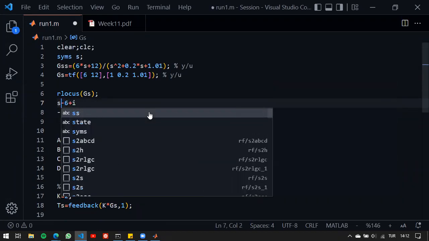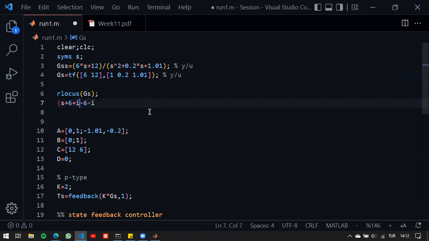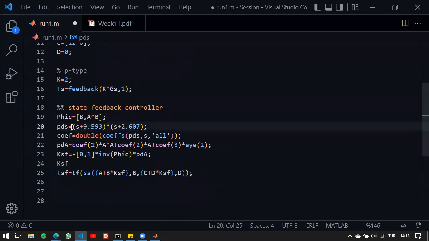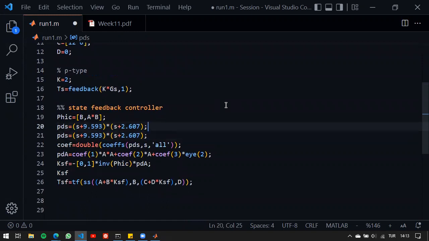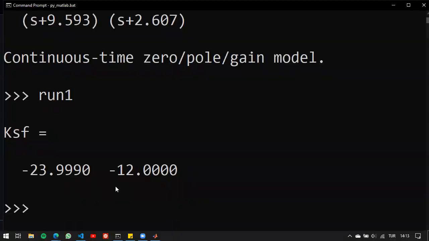So (s plus 6 plus i) times (s plus 6 minus i). So I'm going to choose it here. Let me copy this. There we go. And I don't really have to change the code here. So let's see.